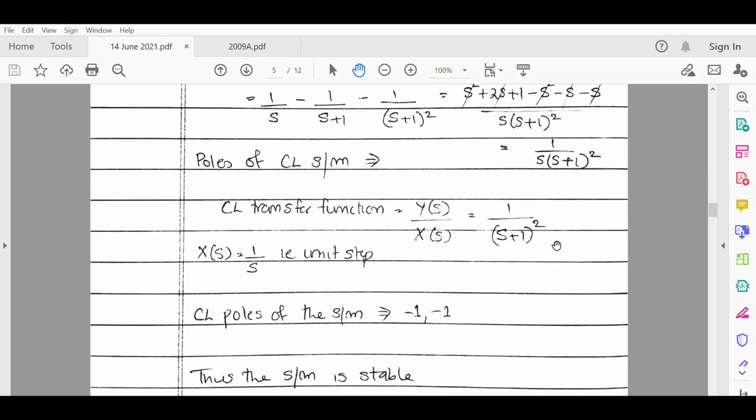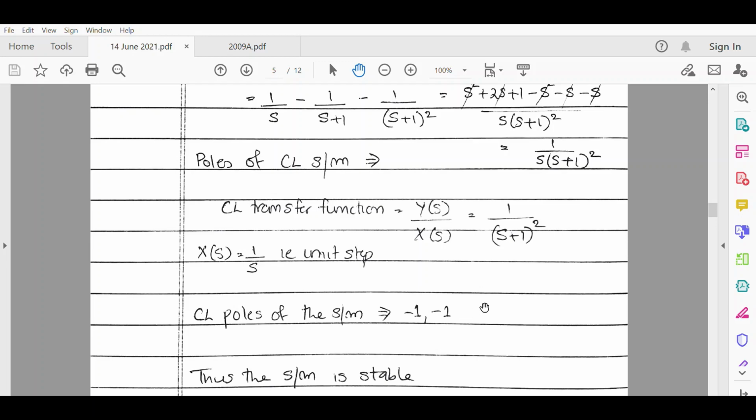Now from this we can make out that the closed loop poles of the system are minus 1, thus they are real, repeating, and they are on the left half of S plane.